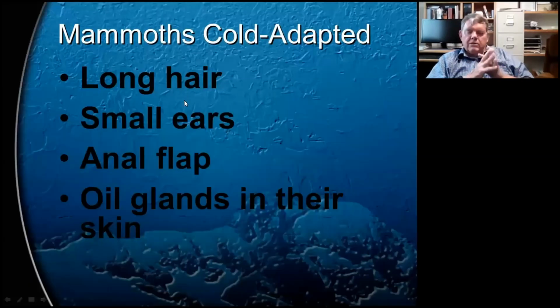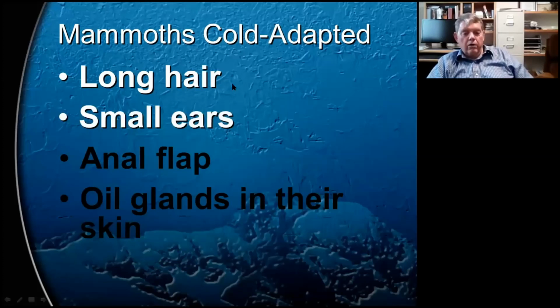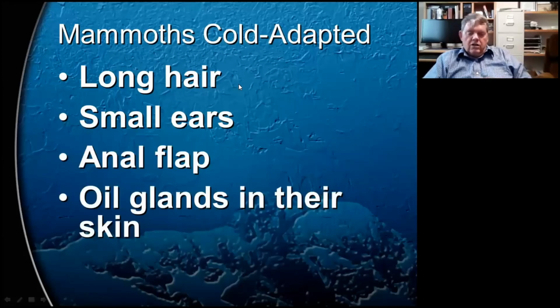Anyway, mammoths were cold adapted. They had long hair, unlike other types of elephants, including the Columbian mammoth, which had shorter hairs. It had small ears, an anal flap, and oil glands in its skin. To survive a cold climate, you need oil glands. Now, the African elephant has no oil glands, so it couldn't survive at high latitudes.